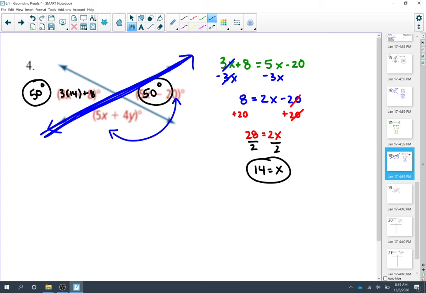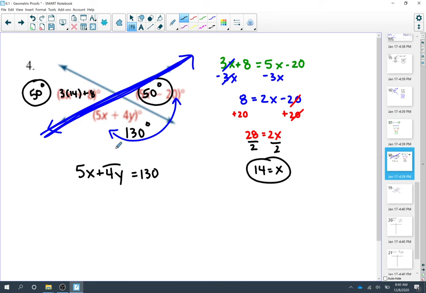Well, if this guy's 50, and I know they have to add to 180, then what does this have to be? Well, then this guy has to be 130, because 130 plus 50 is 180. So now I know that 5x plus 4y is 130.